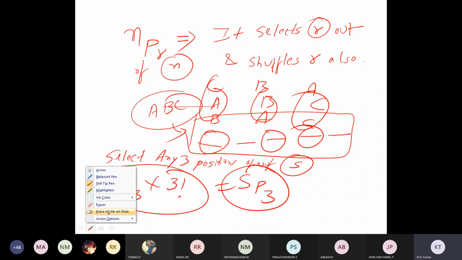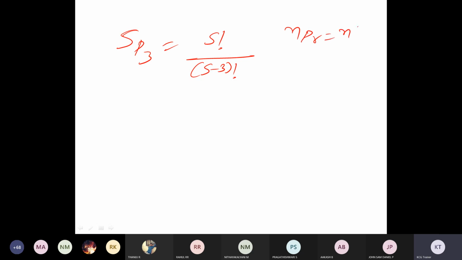Now what is 5P3? How is it derived? 5P3 is nothing but 5 factorial divided by (5 minus 3) factorial. That is nPr, that means nPr equals n factorial divided by (n minus r) factorial.